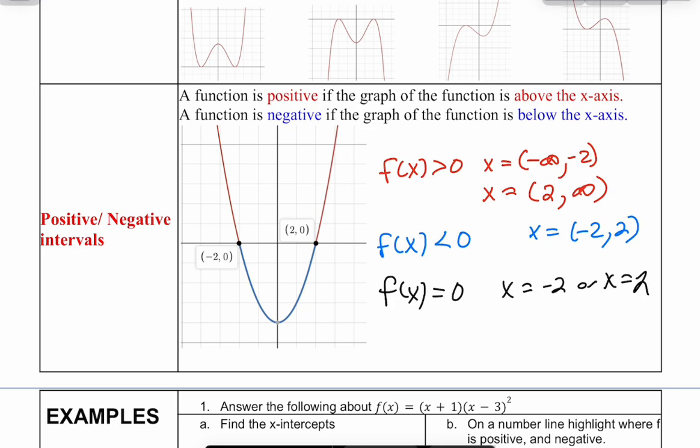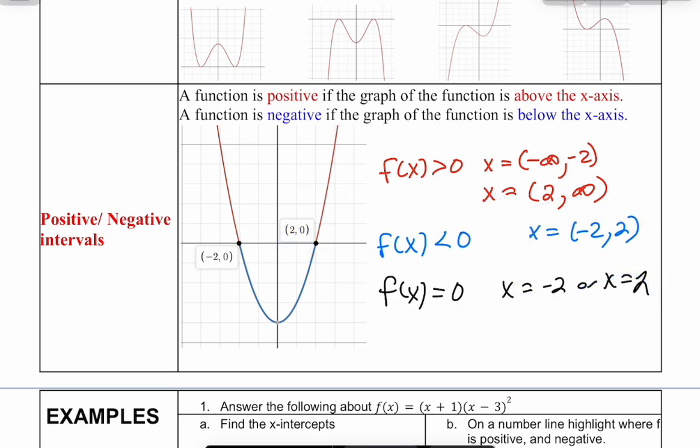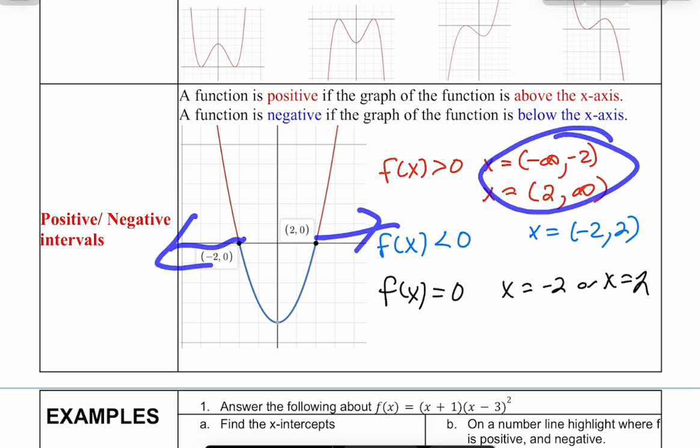So our function is below the x-axis. Think of a shadow. If I put a shadow here, it's only when the x values are between negative 2 and positive 2. So these are referring not to the y values. The y values are greater than 0 as far to the left and as far to the right as I want to go.